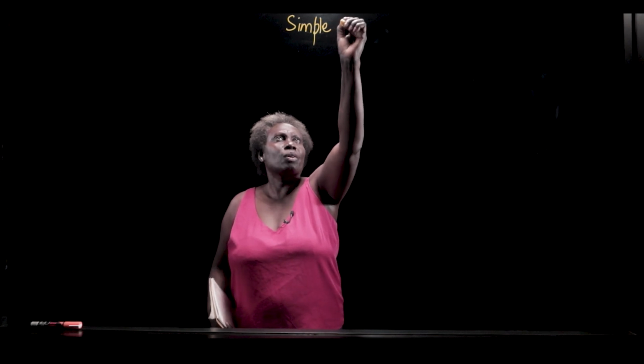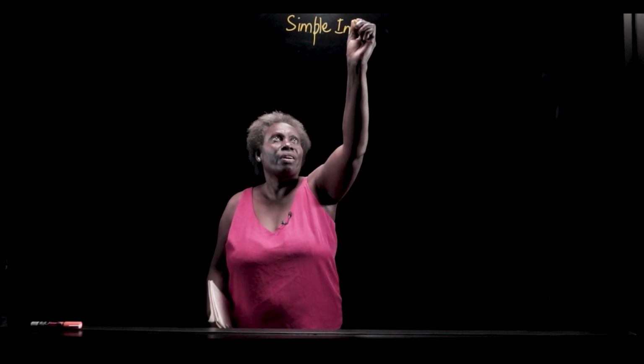Okay, when you are running a business, you make money and you want to make a little bit more than what you have earned. So you want to invest that money so that you can make extra money on top of what you have.